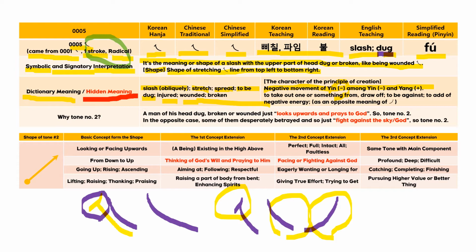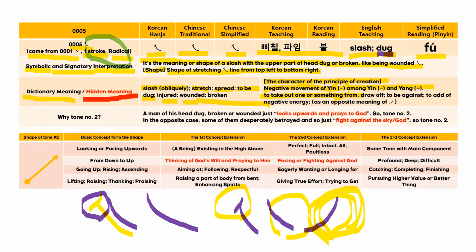This is one of the characters of the principle of creation, of the universe, of whatever. And another hidden meaning is to take out one or something from. The hidden meanings of this character was to add.